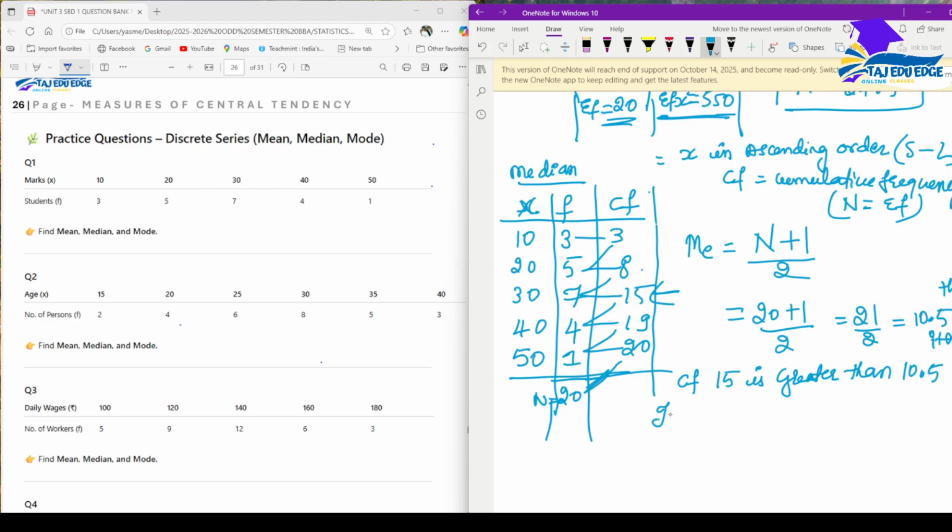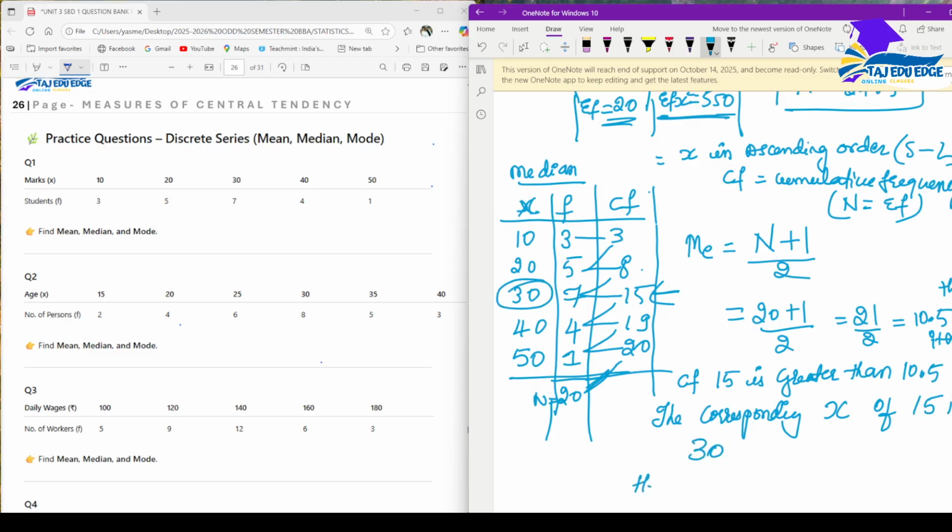The corresponding x of 15 is what? 30, right?